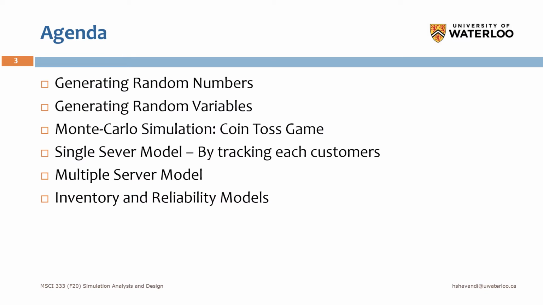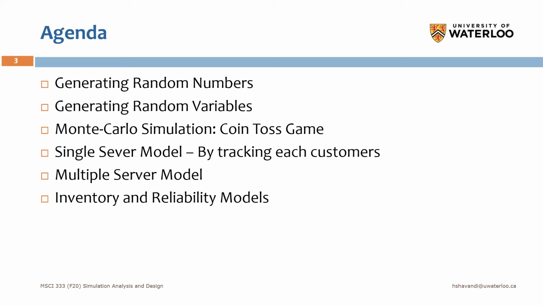So in this chapter, in order to implement the simple simulations in Excel, at first we need to know how we can generate random numbers and how we can generate random variables. For any simulation model or any simulation run, we need to generate random numbers and also random variables. So at first we'll see how we can do this, and then we'll have several examples.